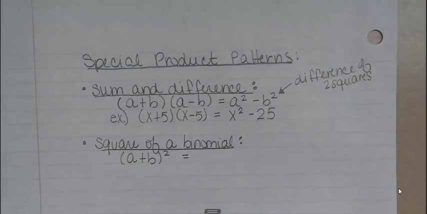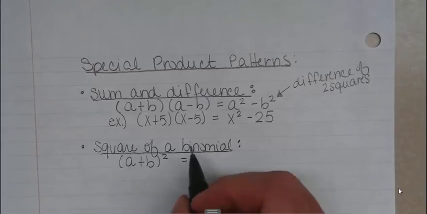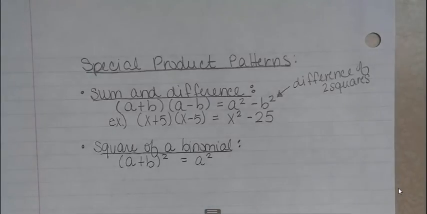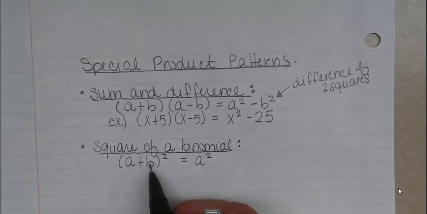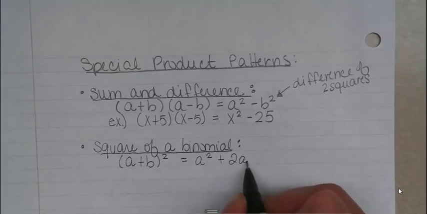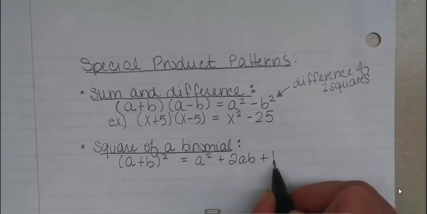Okay? So, when I do this, what I end up with is that first term gets squared. And remember, the inners and the outers are going to be the same, right? So basically, you're going to multiply a times b, and you're going to double it in order to get your middle term. And then your last term is b squared.